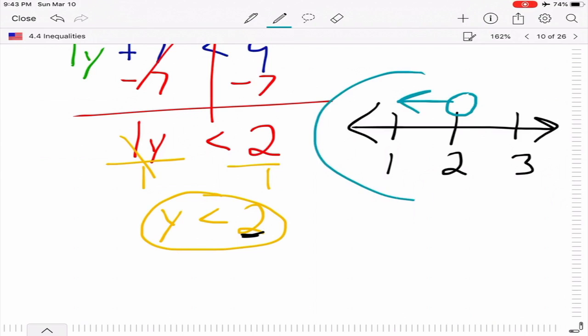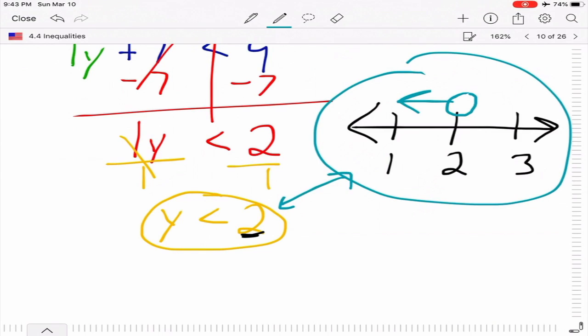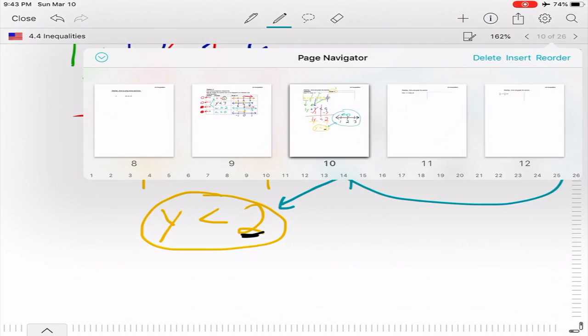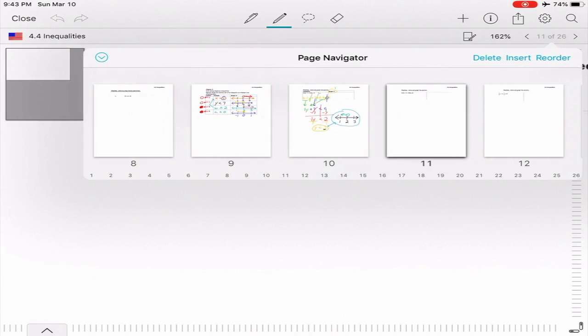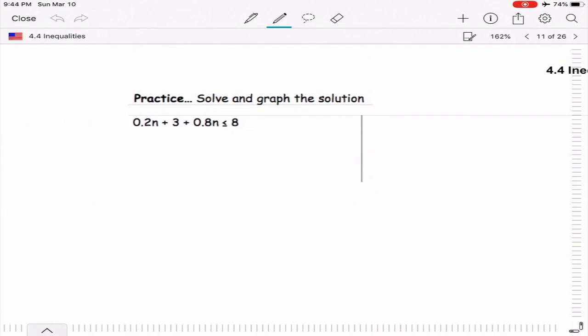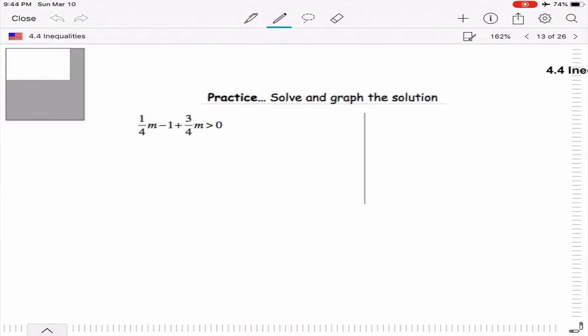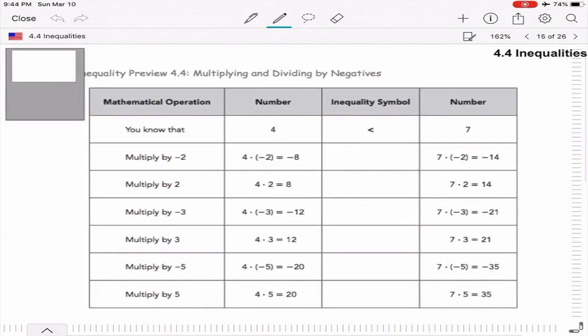And there's my answer. Please understand this: my answer is both. It's y is less than 2, and then the graph that illustrates y is less than 2. So the rest is on you, and then you're going to stop on this slide right here. Please stop, and then let me check what you have so far.